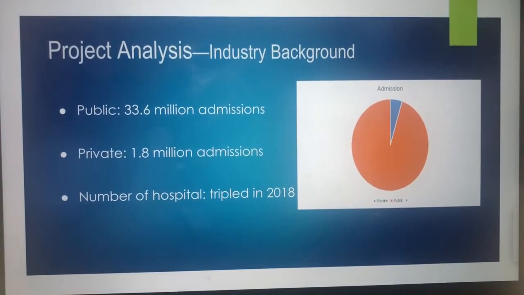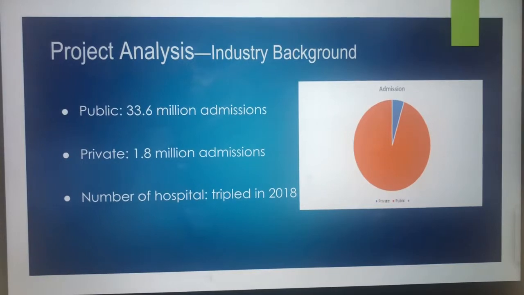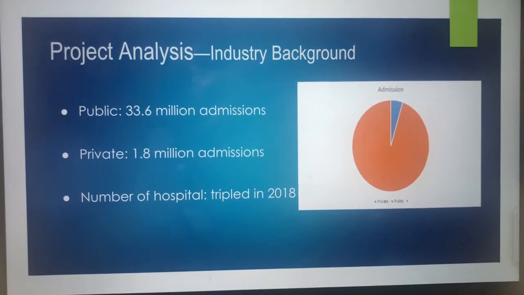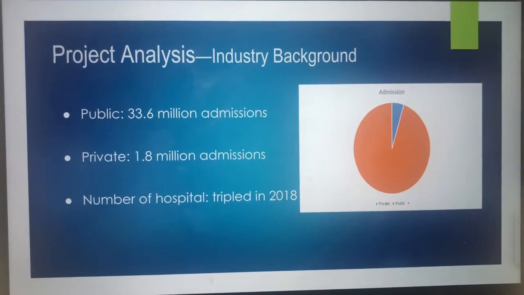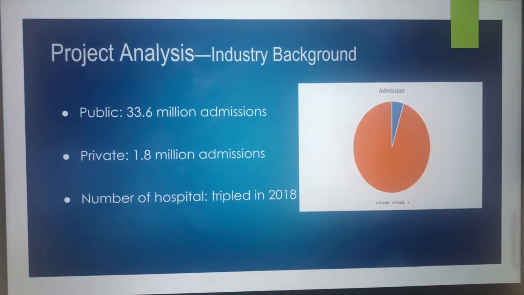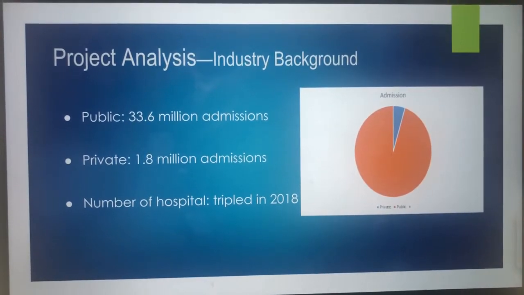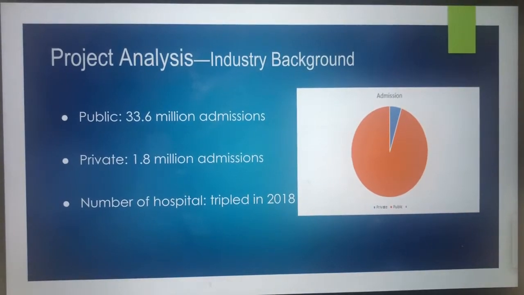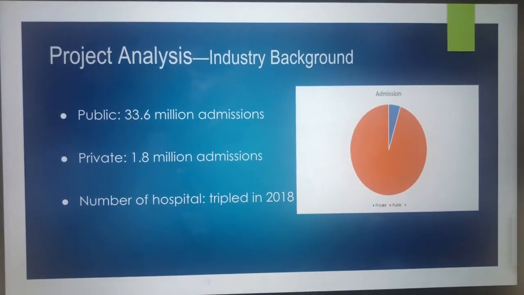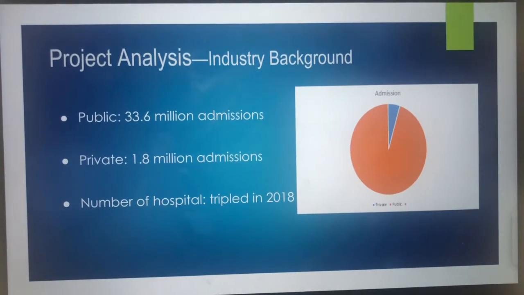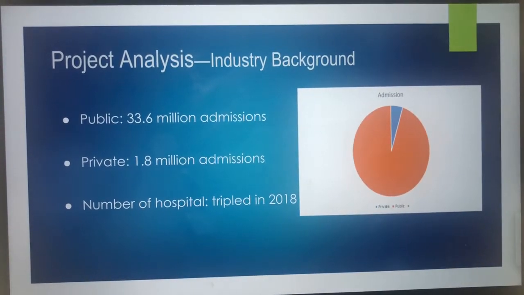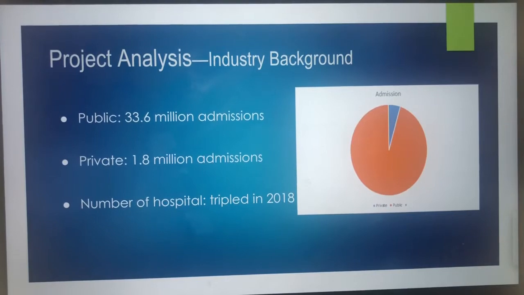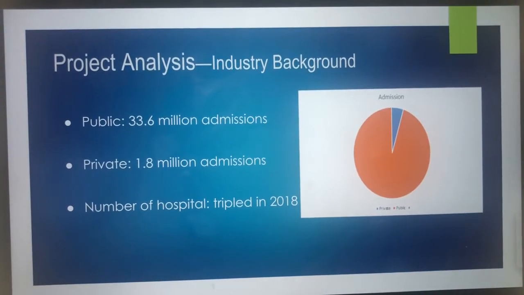Similarly, the number of public hospitals was triple that of private hospitals in last year, 2018. Though public hospitals occupy the majority of the hospital market, we are still looking forward to strengthening the competition and the overall rating of our private hospital, which is Mission Health Hospital.